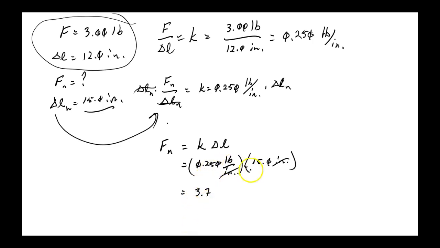No, 3.75, isn't it? 3.75, what unit? What unit? Pounds, because our inches cancel out, and that's a great unit for a force. Our new force is going to be 3.75 pounds.